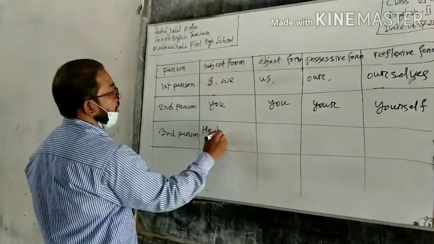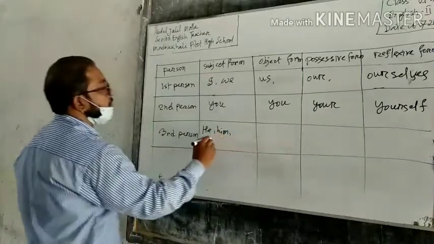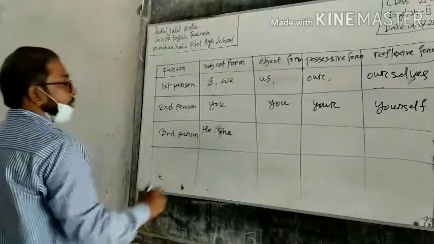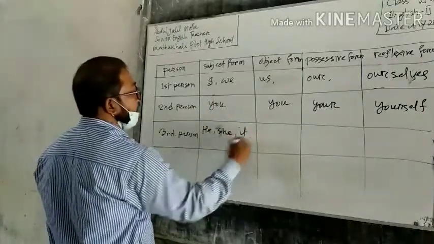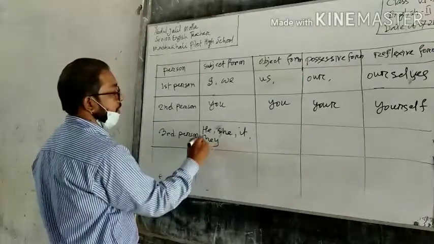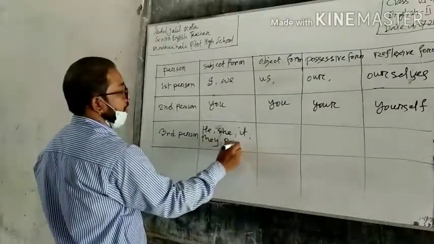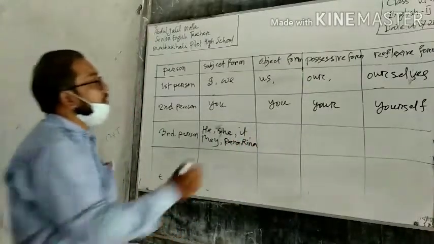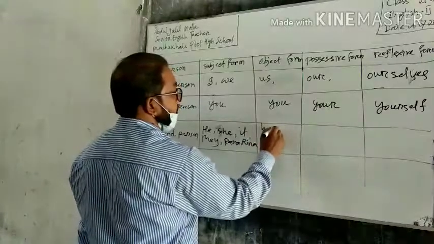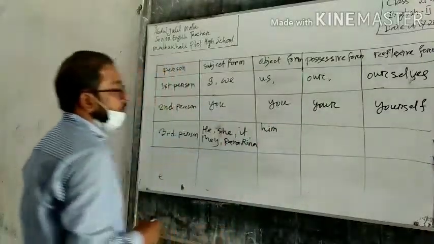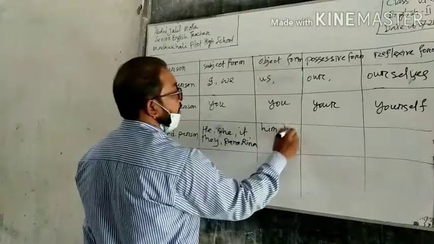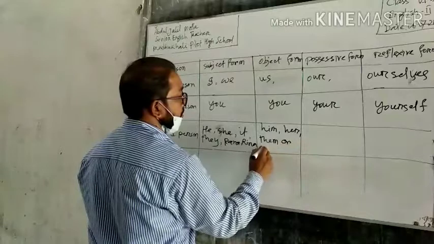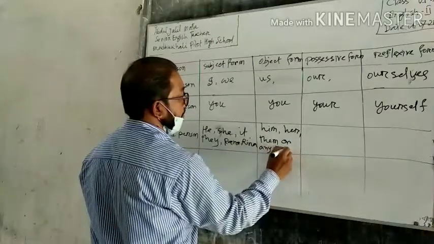And in the third person, we are writing the subject form of third person: he, she, it, they, Rana, Rina, or any kinds of name. Object form: here we are putting the object form him, her, them, or any name.